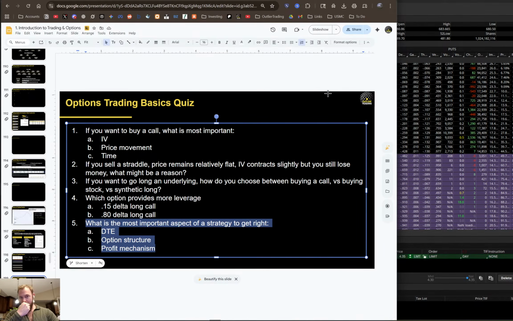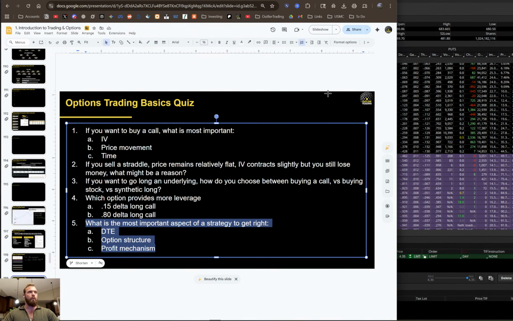The most important aspect of a strategy is the profit mechanism. But I want to explore with Kirk what he was thinking behind B. Kirk says, devil's advocate, you can get the profit mechanism right, but use the wrong options to profit from it. Yep, definitely.